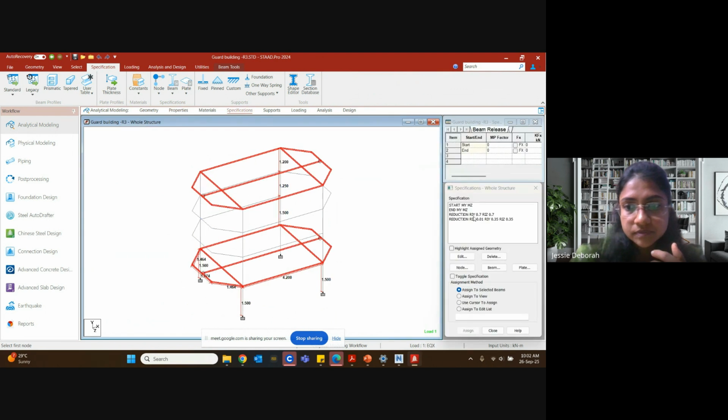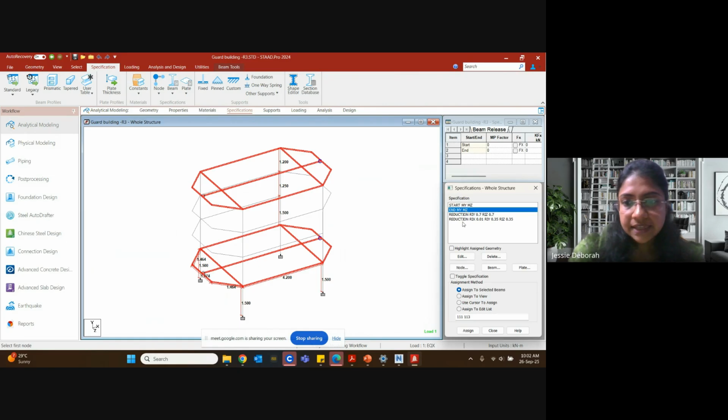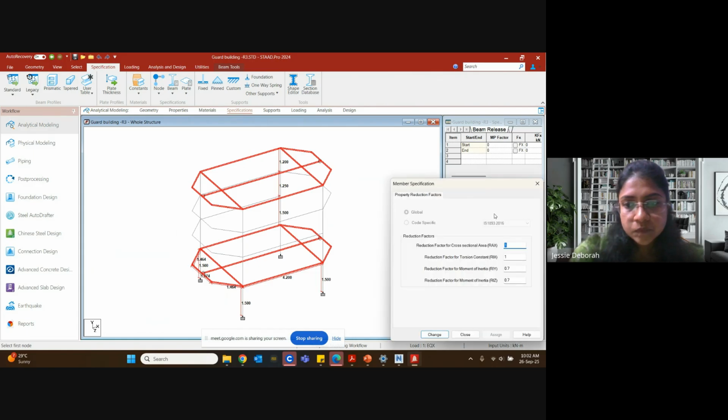If you see these supports, they are all secondary beams, not the actual beams. They are not the main primary beams. Whatever is on the outside only is going to be your primary beam. So we have released this, and then we have assigned a reduction factor also.